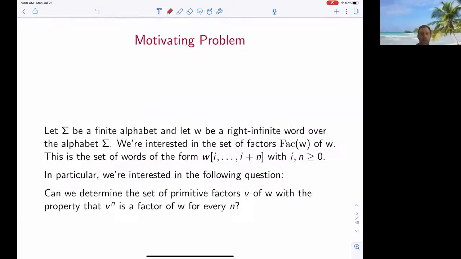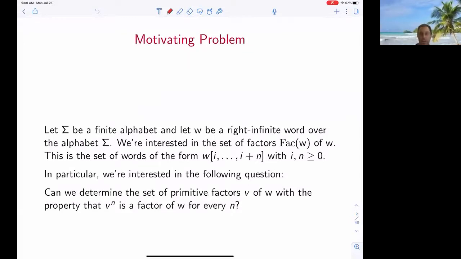And the motivating problem, this was something Jeff mentioned to me, I think years ago maybe, and there has been some work on this in the past, is we're looking at a finite alphabet. And for this talk, we're going to let this notation fac W denote the set of factors of our word.